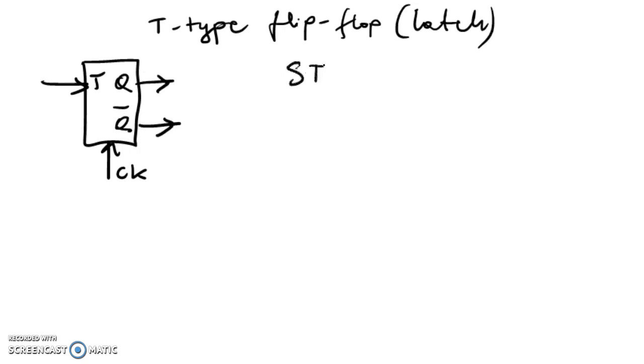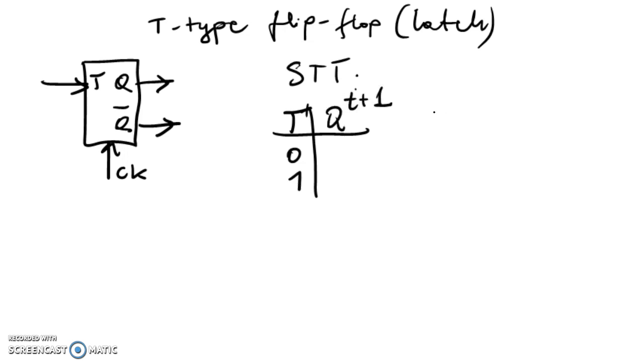And the STT table, the shortened one, is very compact. You've got only a single input variable, and on the output you've got the next state, and you must use Q of t as a current state.